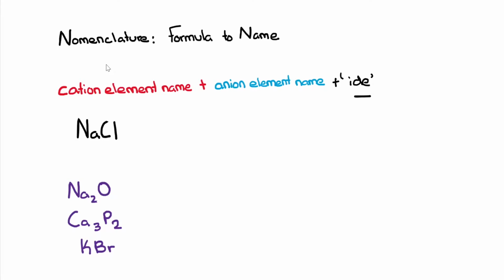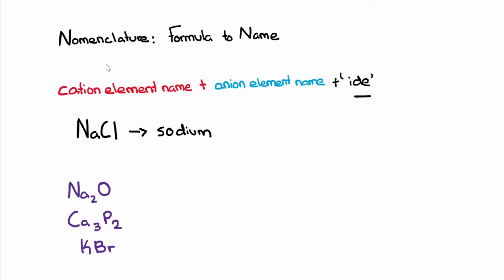Here's an example, NaCl. Let's go from the formula to the name, and we can use this three-step formula. So let's write out the cation element name. In this instance, the cation, which is the metal, Na, is sodium. Just write out sodium, the entire name.